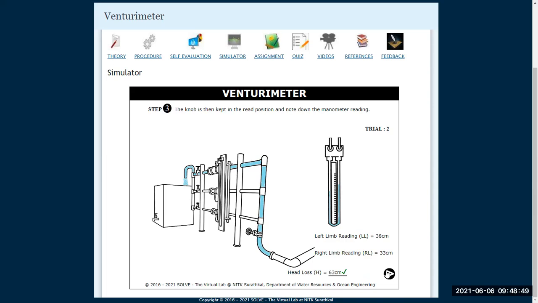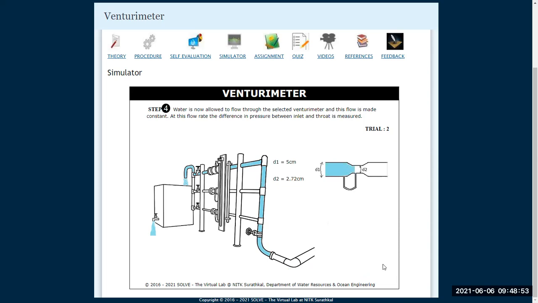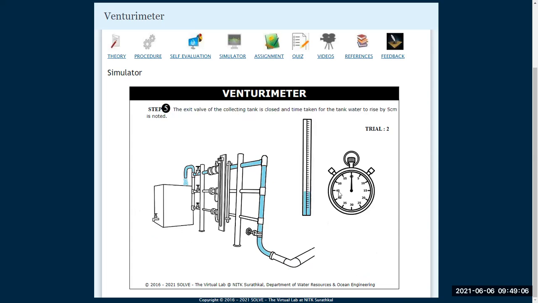So head loss we got as 63 centimeter, and after that you have to note the diameters. The diameters will remain the same because we are using the same venturi meter, but for a second trial. You have to close the exit valve and note down the time to raise 5 centimeter head of water.